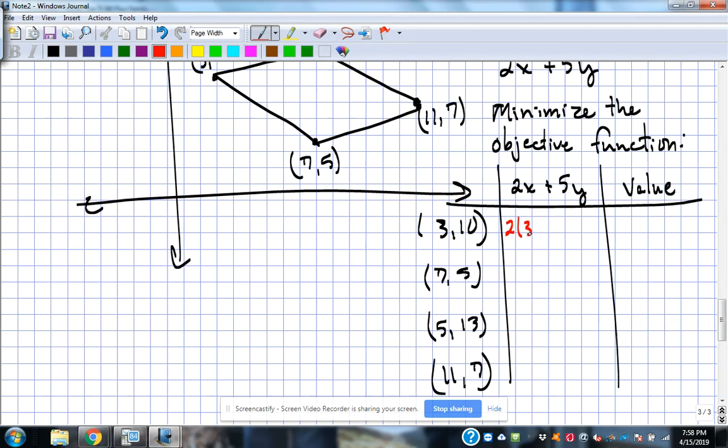So 2 times 3 plus 5 times 10, 56. 2 times 7 plus 5 times 5. 14 plus 25, 39. 2 times 5 plus 5 times 13. 10 plus 65, 75.